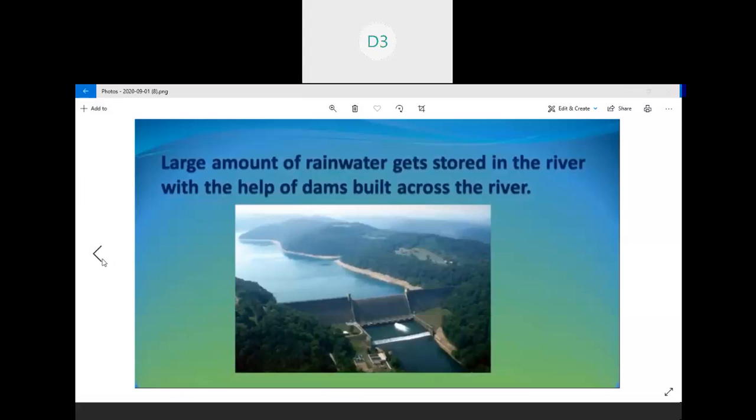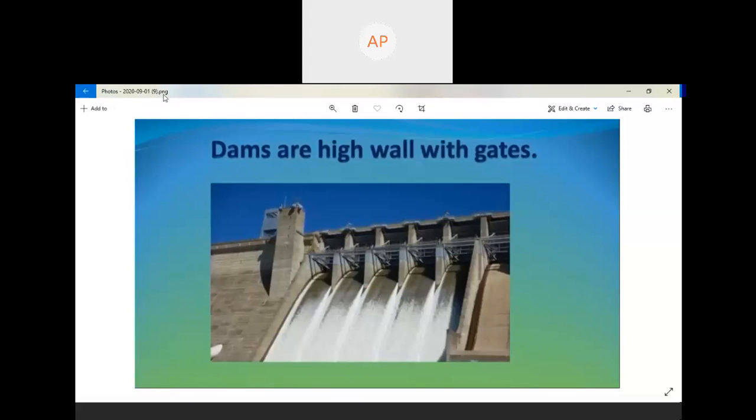Dam is a high wall with gates. So whenever they ask you what is a dam, you should give the answer this way, not the uses. Use means you can tell it stores water or it is used as a reservoir. But what is a dam? Dams are nothing but a high, long, big wall with gates.